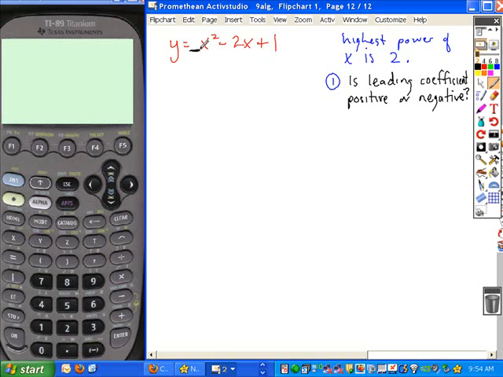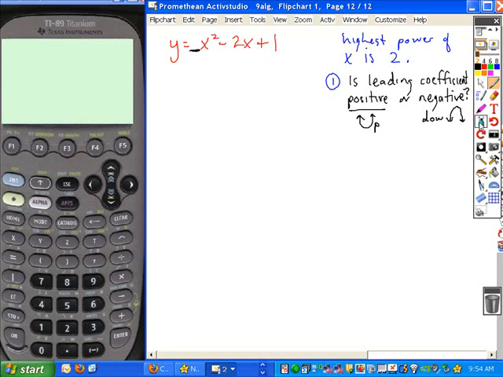Is that a positive number or a negative number? Positive. If it's positive, then your graph is going to open up. If it's negative, your graph is going to open down. So in this case, what do we expect our graph to look like? A U shape opening up.